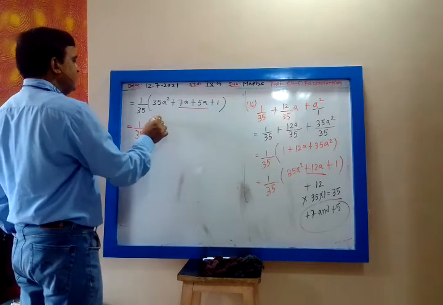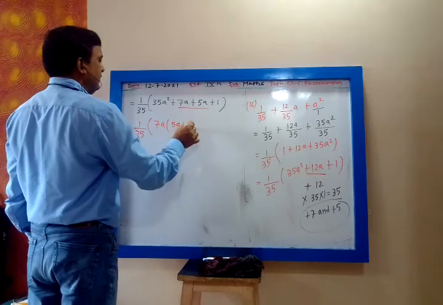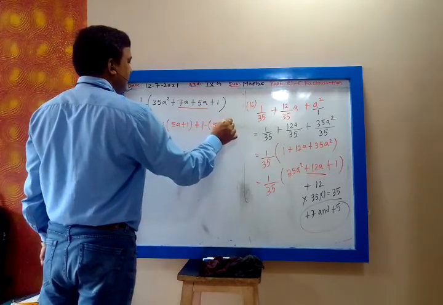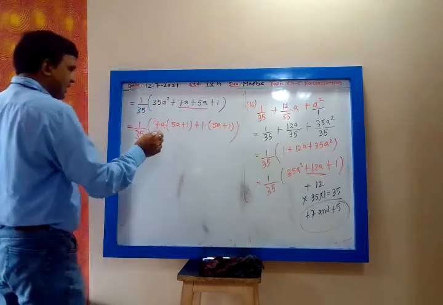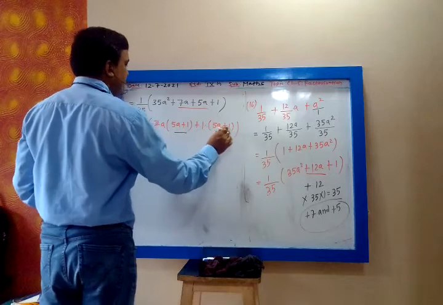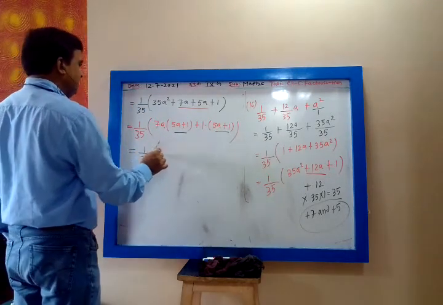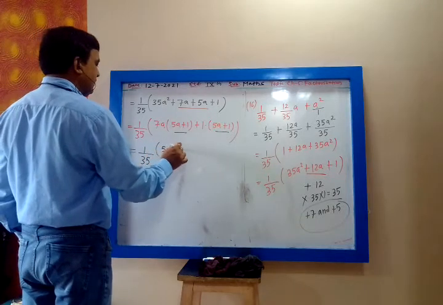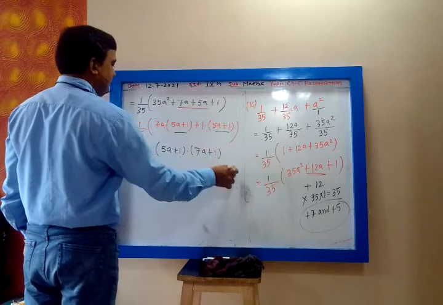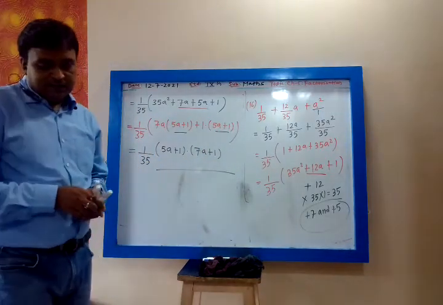Then 7a is common, then it is 5a plus 1, plus 1 into 5a plus 1. We do the grouping. 5a plus 1 is common. So that is 1 upon 35 into 5a plus 1 into 7a plus 1. And this is the answer, because the last term is factorization.